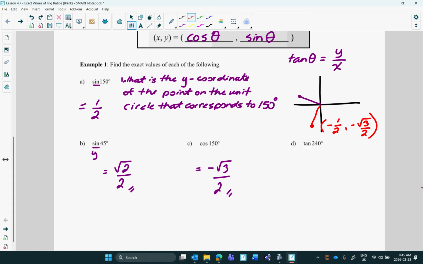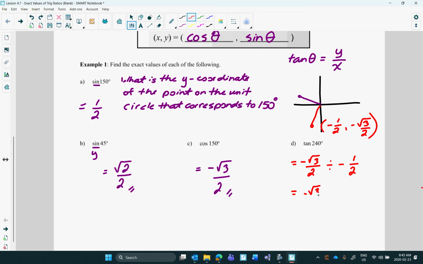So what does that mean to find the tan? We have to take the y, divide the x. So we have to go negative root 3 over 2 divided by negative 1/2. So we have to remember how to divide fractions. How do we divide fractions? Change it to a multiplication.